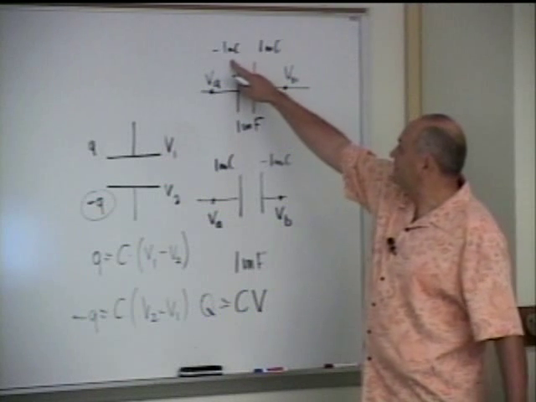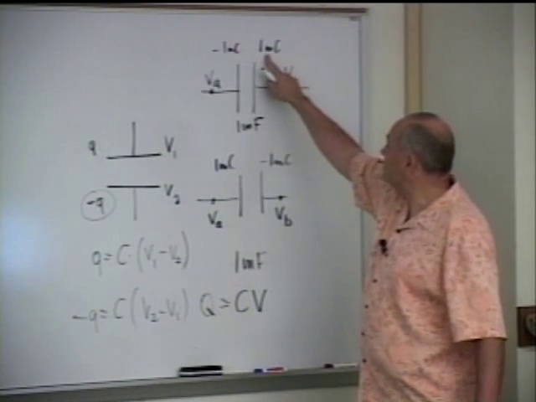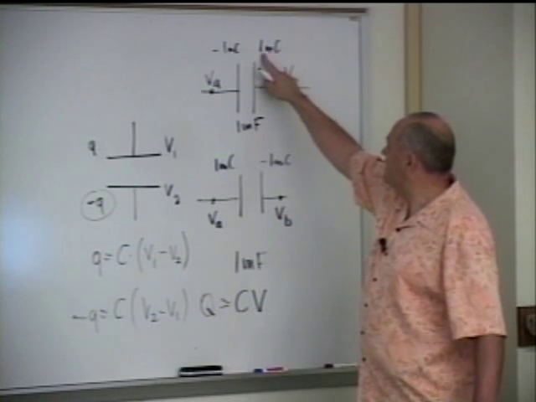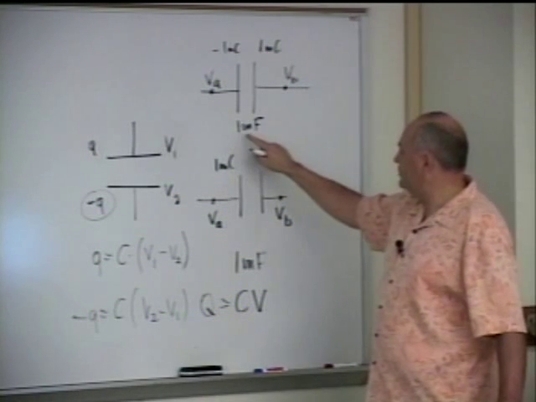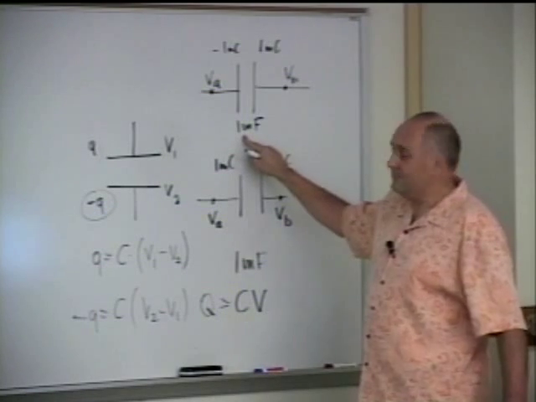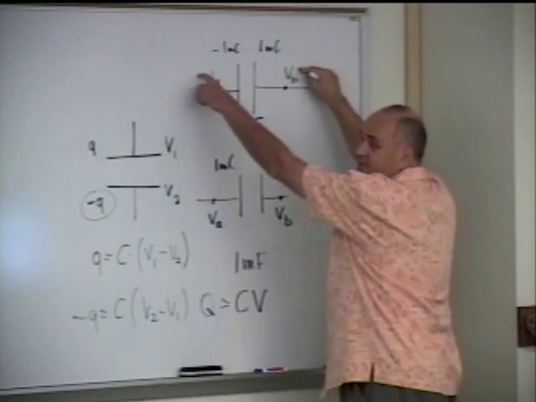Well, 1 millicoulomb should be equal to 1 millifarad multiplied by this potential minus this potential.